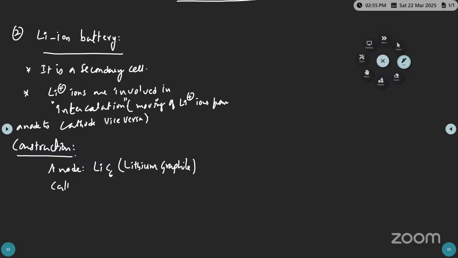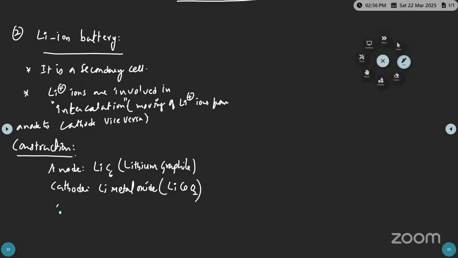And what is the cathode? Cathode is lithium metal oxide. Lithium metal oxide is used as cathode. Here, frequently lithium cobalt oxide is used as cathode.